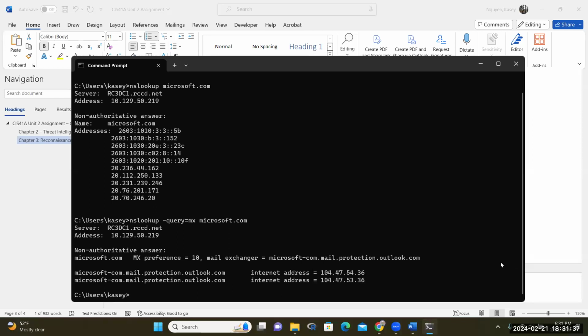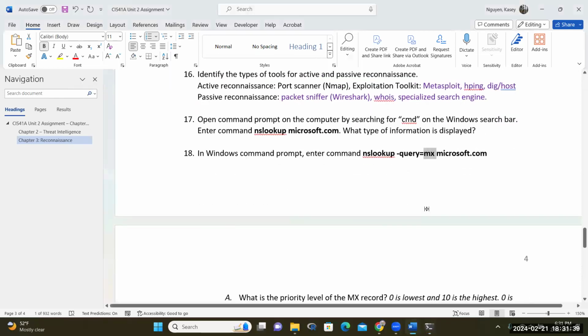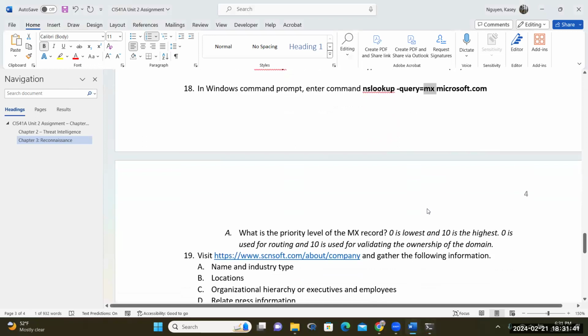So when you find this kind of information, we would write it down, right? I'm only asking a couple of questions, but when you're looking for information, you want to write down the detailed information.